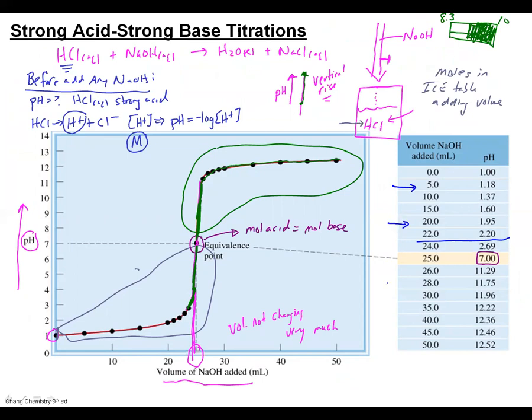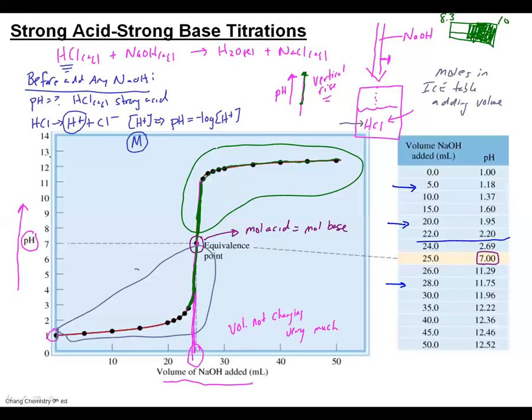What's the pH after you added 28 milliliters? And you'll get a question where they ask you all these things in the same question. When we talk about the volume in that type of question, the volume is the total volume at that point. So you want to treat each of those questions separately.